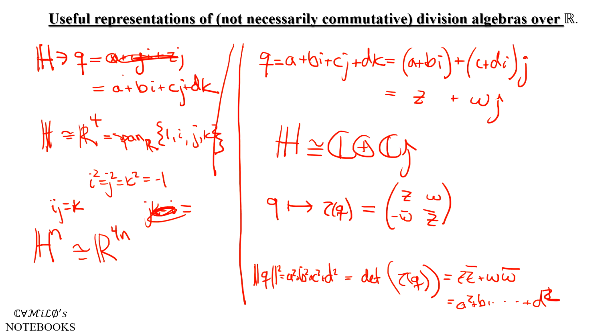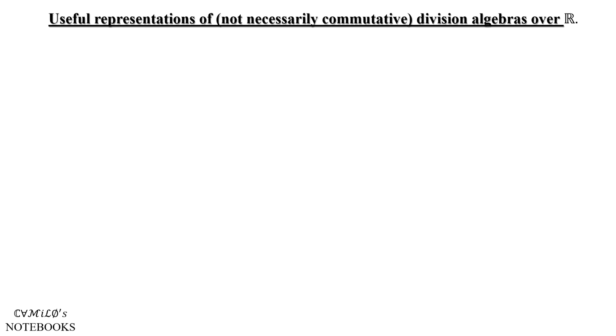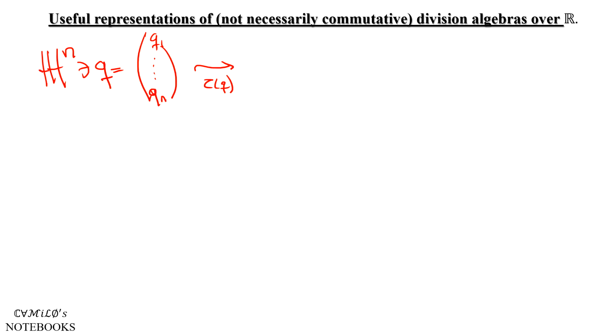And in exactly the same fashion, we use this to extend it to higher dimensions, namely to an n-dimensional quaternion, an H^n. Also, we're going to call it Q, but it's going to be an n-tuple of quaternions. We're going to map this to tau of Q, where tau of Q is going to be given by the matrix tau sub qj, j equals 1 to n.